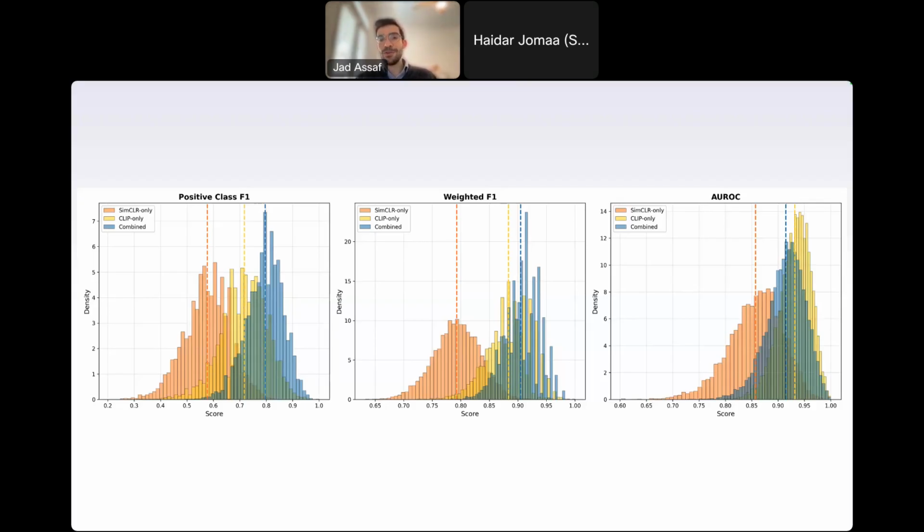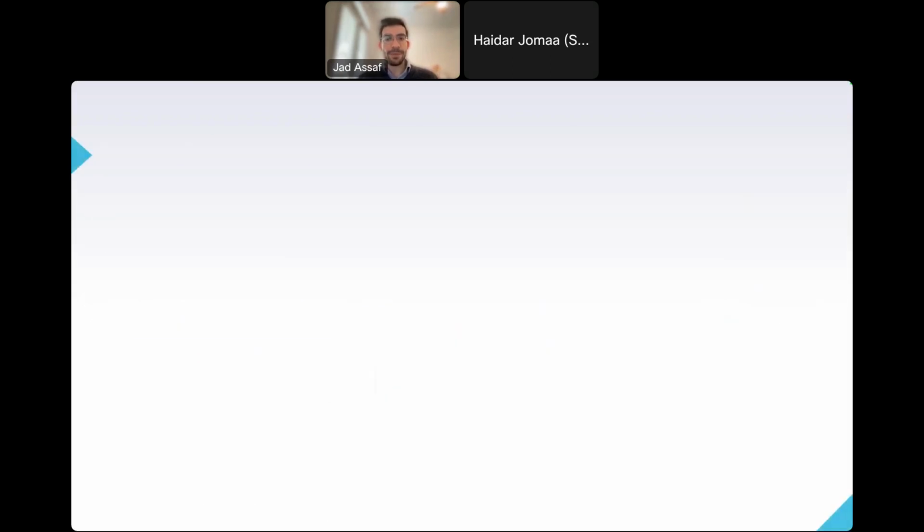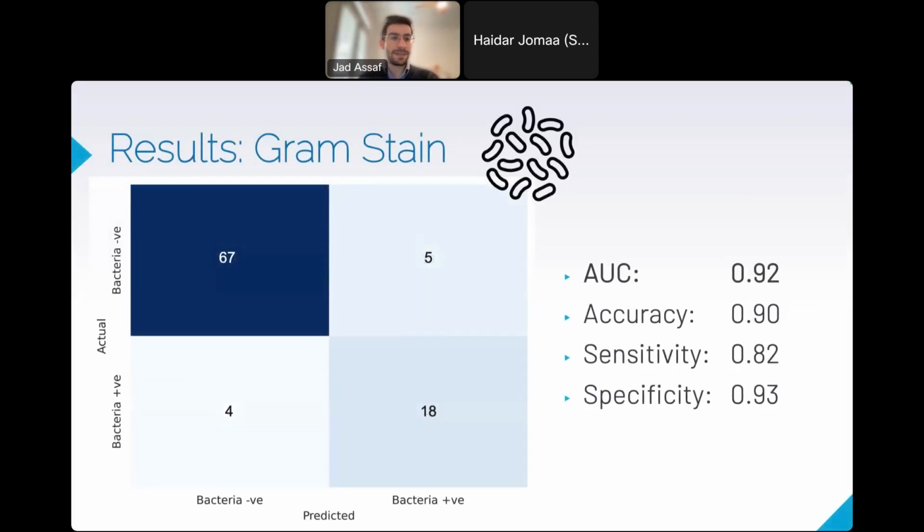And the conclusion is that in many cases, it may be worth it to just invest resources into searching for a powerful encoder or foundation model that's available online rather than spending a lot of money training your own models for these types of large AI dataset training. So, fortunately, we were able to obtain good results with an AUC of beyond 90% and an accuracy of 90%.